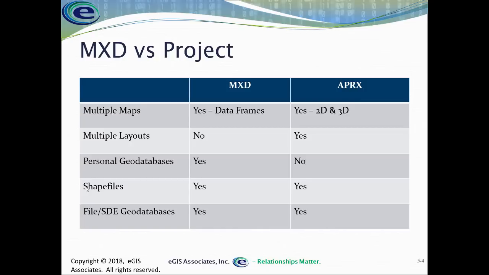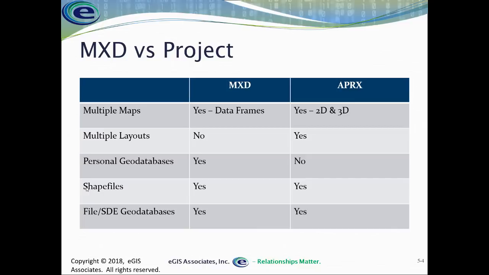Another big difference is that an MXD in ArcMap will support layers that reference back to a personal geodatabase. A personal geodatabase is a storage format created by Esri that's built on the Microsoft Access platform. ArcGIS Pro doesn't support those anymore.